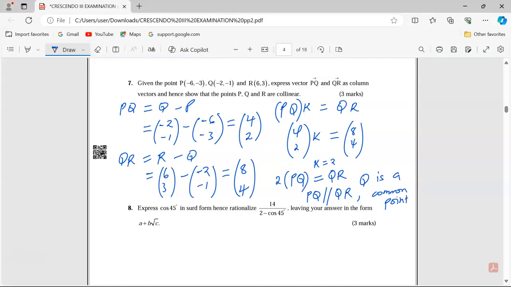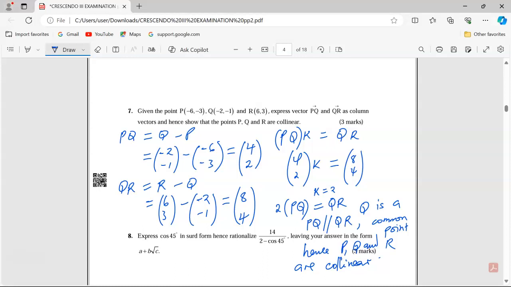So you have shown collinearity. With this you say, hence, the 3 points P, Q, and R are collinear. So now we've shown collinearity in the 3 points.